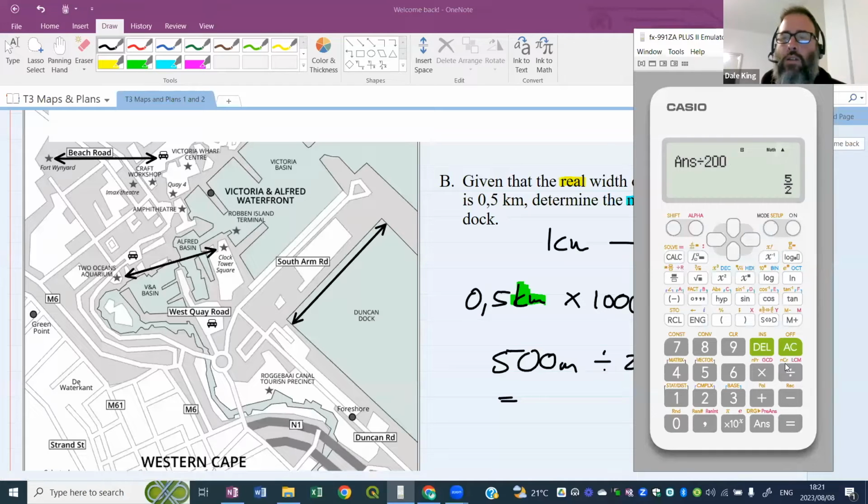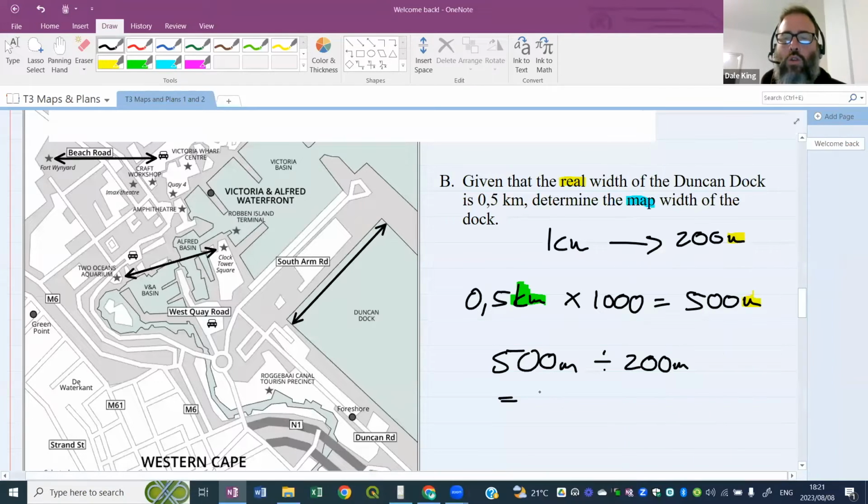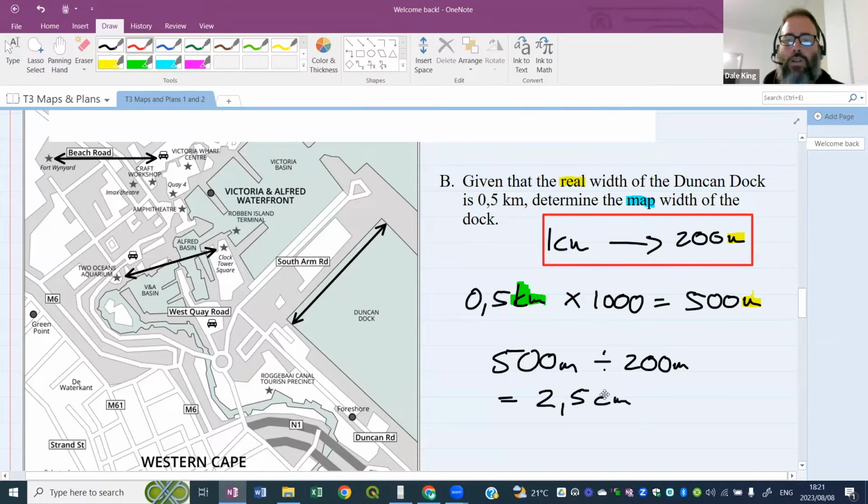So I'm going to divide, and you should all know that we're going to get 2.5. And what are the units here? Centimeters. All right. So we're using that relationship that we got off the bar scale to help us solve this. Very good, Fifi.